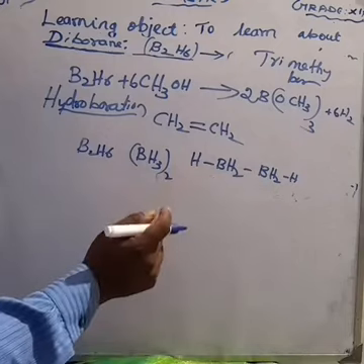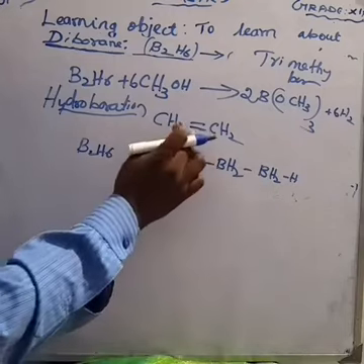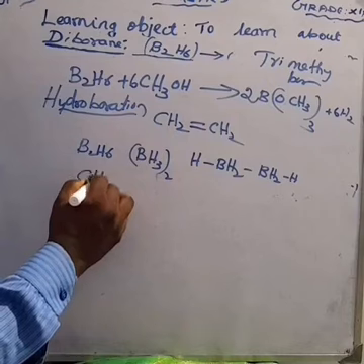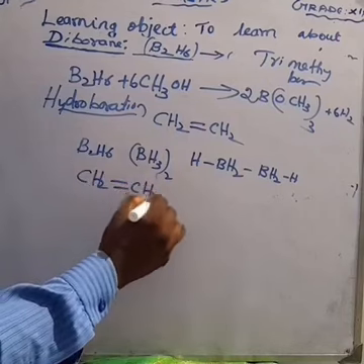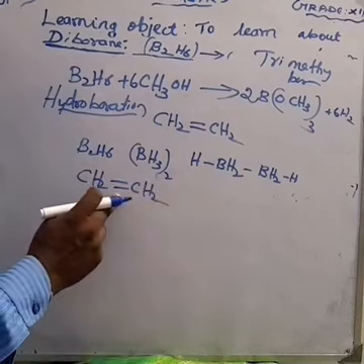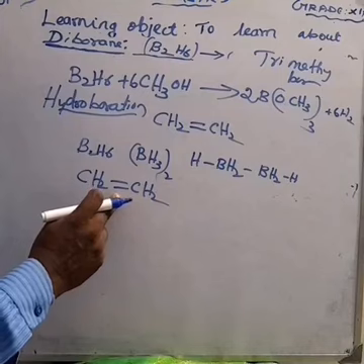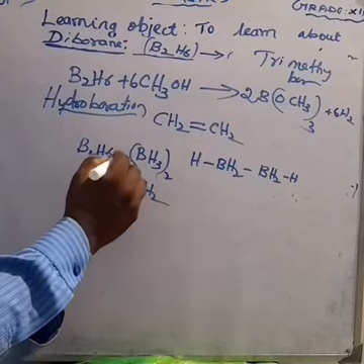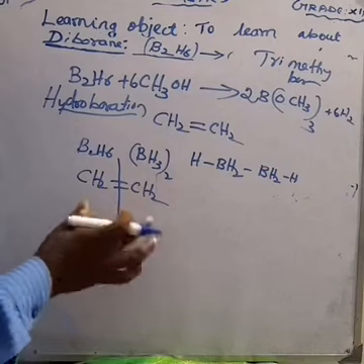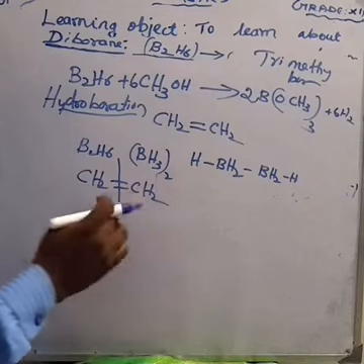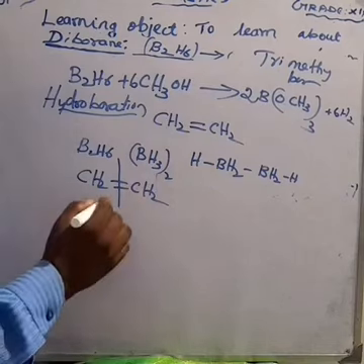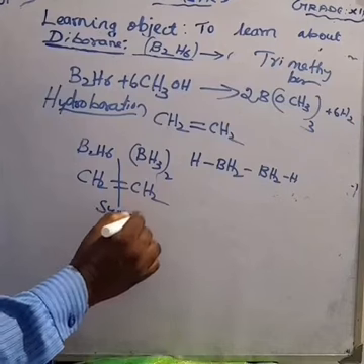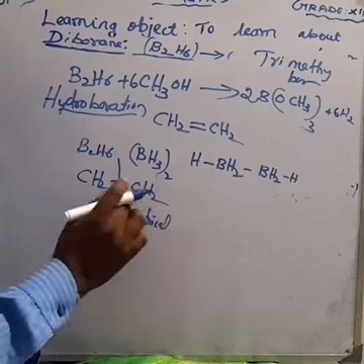Listen all of you. Here, I'm taking an alkene, that is CH2 double bond CH2. We learned this in 10th grade. If I break this alkene into 2 equal parts, we say it is symmetrical.